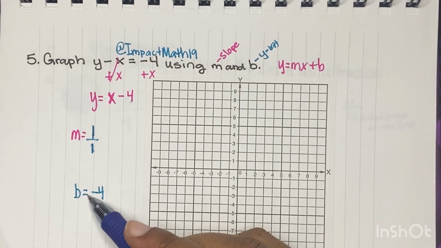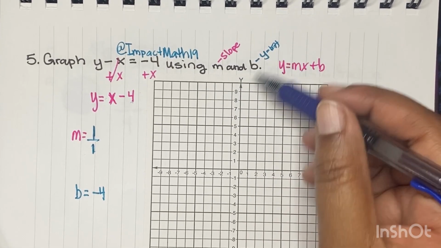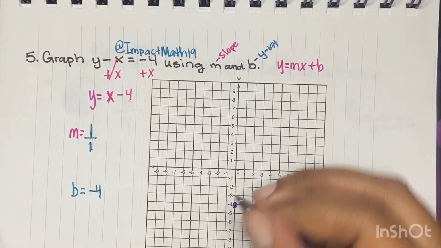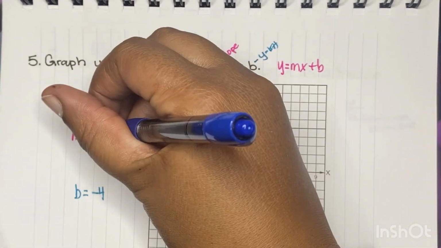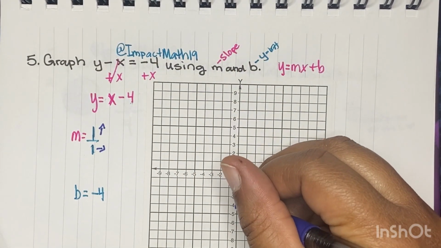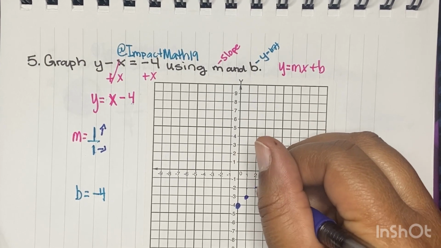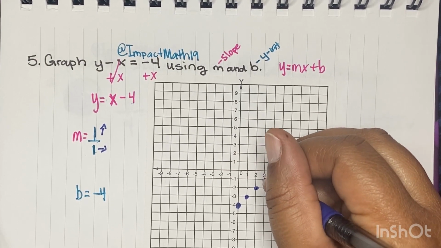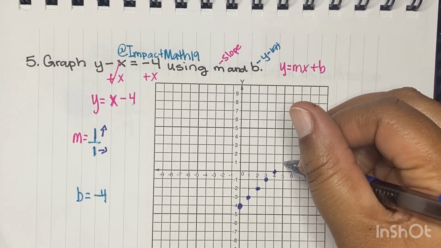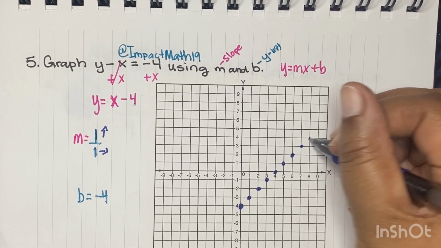So we're going to start at -4 on our y-axis. That's where the y-intercepts are, on the y-axis. So here we put our point at -4. My slope tells me I'm rising 1 and running to the positive 1. So I'm going to go up 1 over 1, up 1 over 1, and just keep on going.